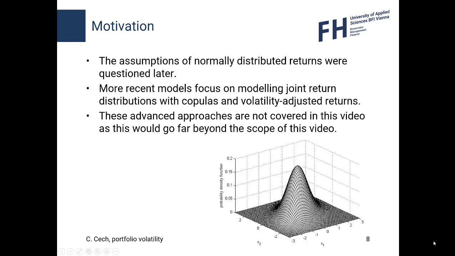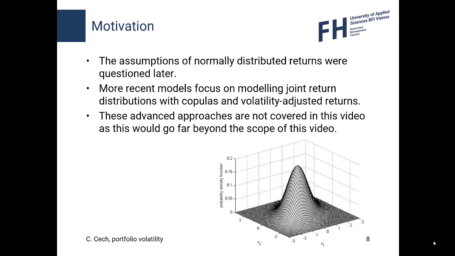However, people have found that the risk could be underestimated if we assume normally distributed returns, which is specifically true for short time periods. So there exist advanced models at the moment.